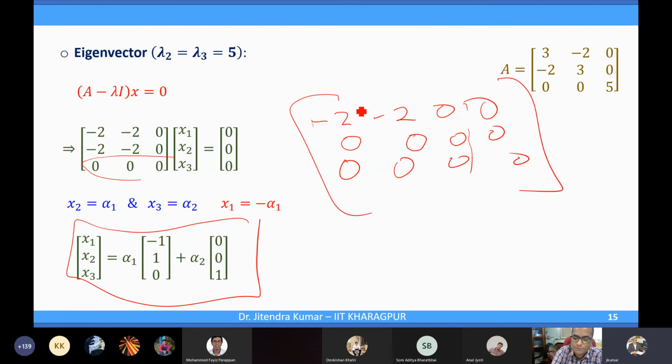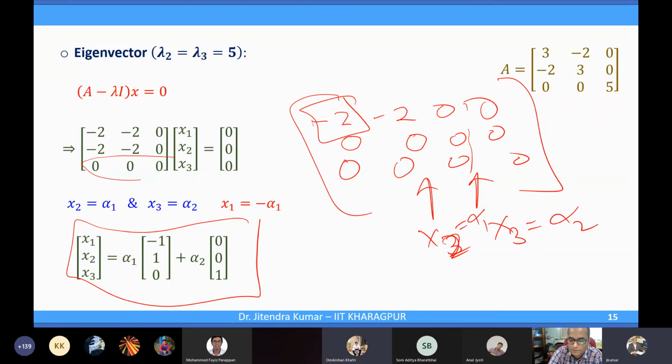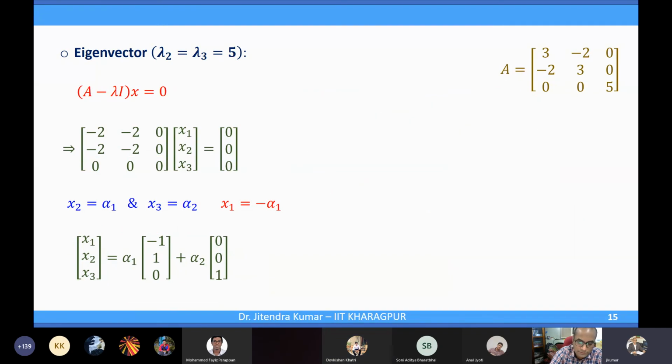So there is only one pivot. Two variables are free: x2 is free and x3 is also free. Then you get alpha 1 times (minus 1, 1, 0) plus alpha 2 times (0, 0, 1), right?